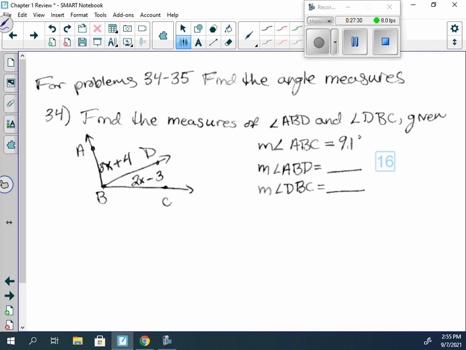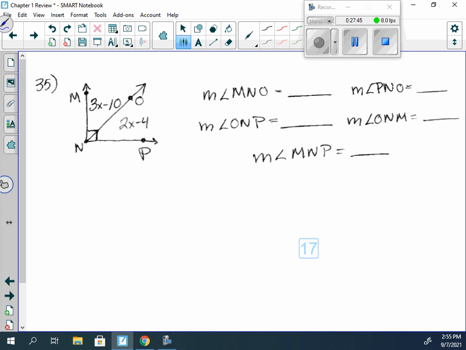Okay. Questions on number 34? Are we good with problem number 34? Yes, except instead of equaling 180, it equals 91. And the same thing is true for 35, except instead of equaling 91 or 180, it equals 90.